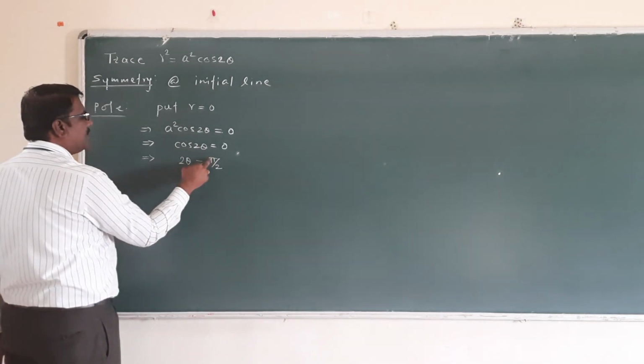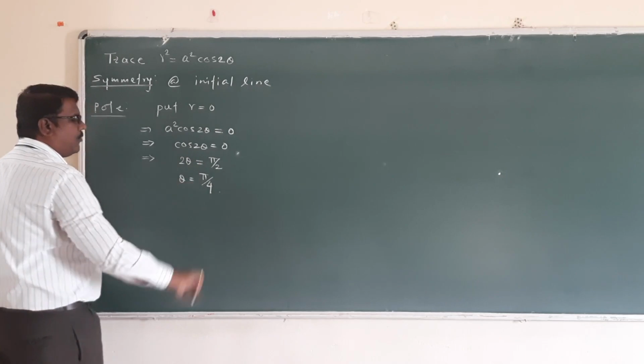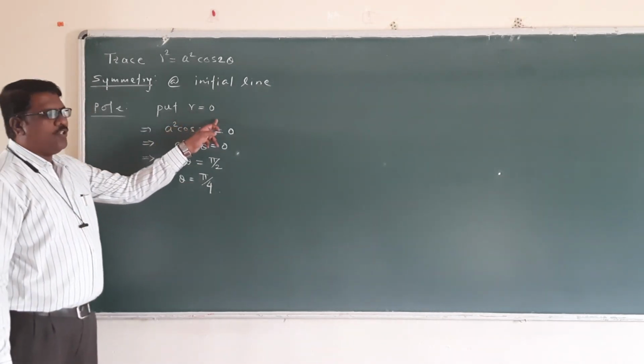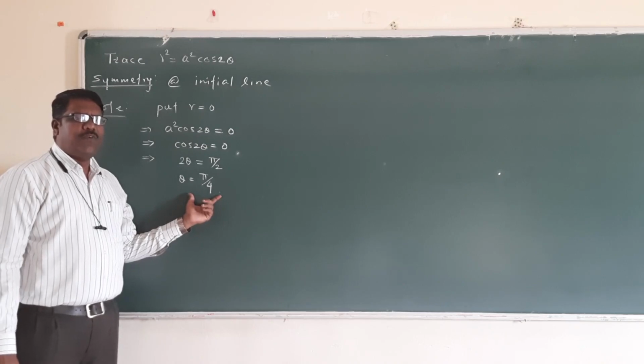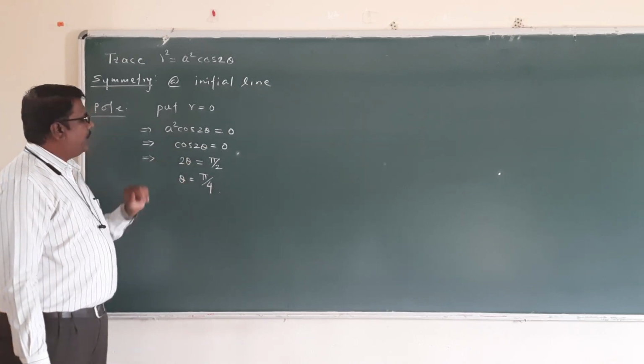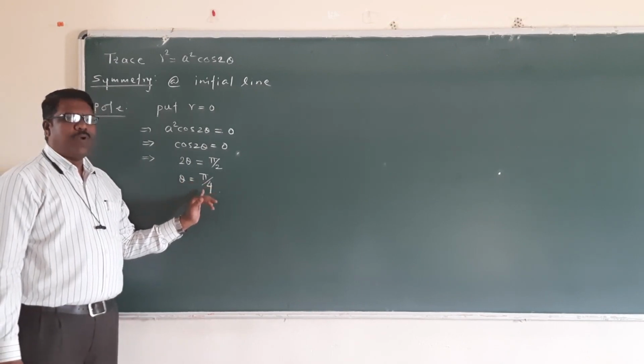So 2 theta is pi by 2, and therefore theta is pi by 4. So by putting r equal to 0, we got the value of theta. It means the given curve passes through the pole, and the tangent at the pole is theta is equal to pi by 4.